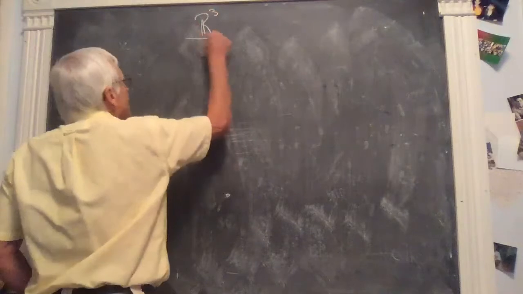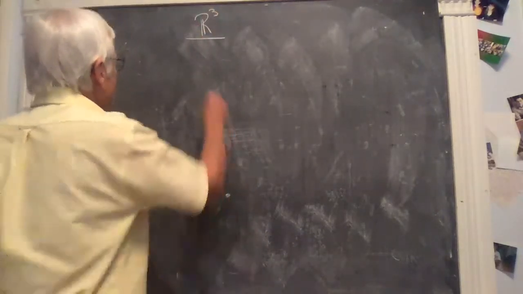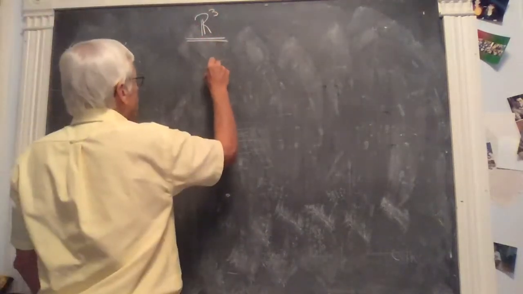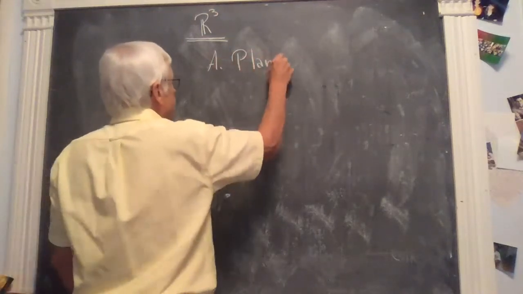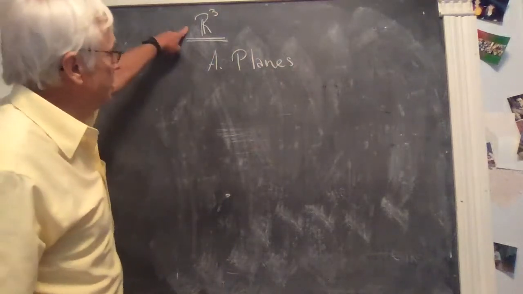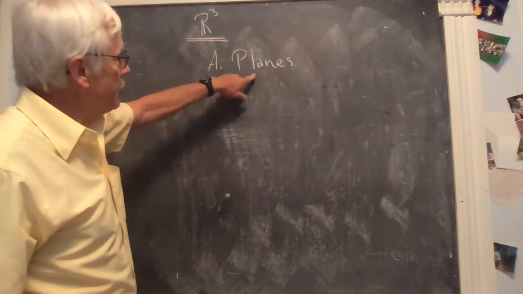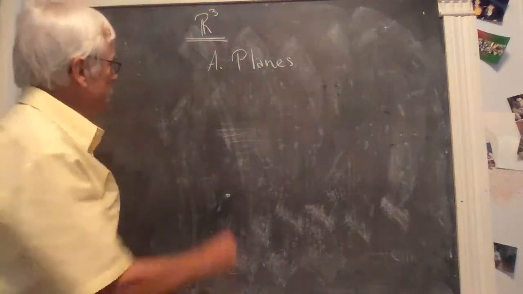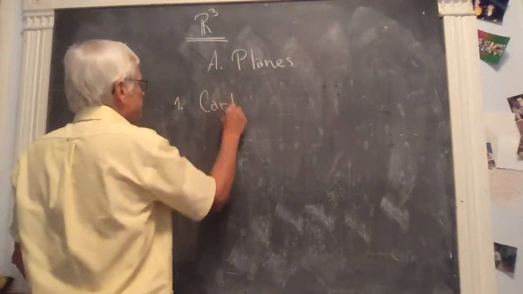So in 3 space, the easiest place to start are planes. The easiest place in any Euclidean space is one dimension down. So these guys will be the easiest for us to find, and we'll first of all find Cartesian forms.